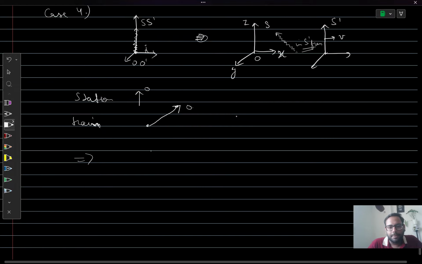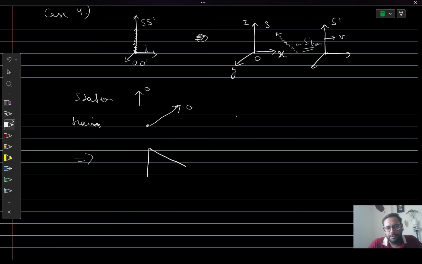So it is simple to see this. I will have this kind of structure in the S prime frame, where my light is going like this. So this is my z prime equals ct prime. This is perpendicular, and this is of course my vt prime coordinate in the S prime frame, and this will be my (ct prime) squared and (vt prime) squared, right?